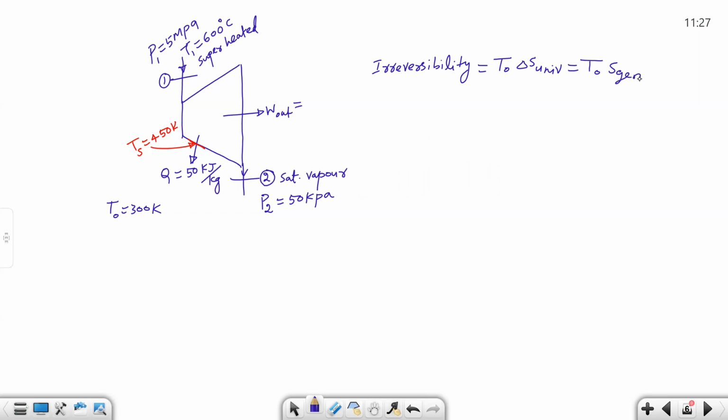So we wanted it in kilojoule per kilogram. So entropy generation, we want it in kilojoule per kilogram Kelvin. T0 is in Kelvin, so that this product will be in kilojoule per kilogram. Okay.